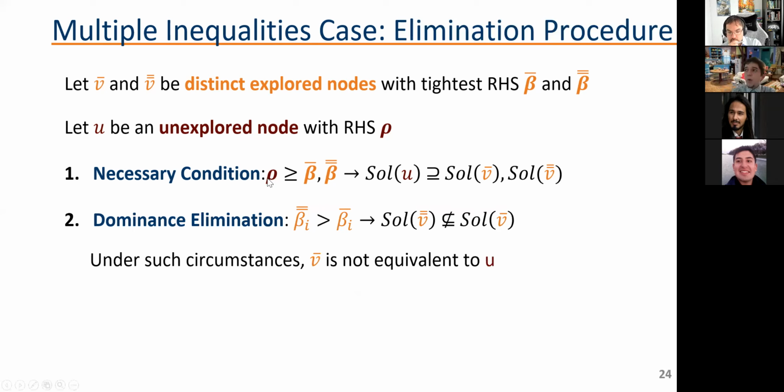So if that's the case, and we know that U has at least as many solutions as V double bar, let me just illustrate this to make it easier. We're looking at the set of solutions of U, S_U, and with the necessary condition, we're concluding that the solution set of U is a superset of V bar and V double bar. But from the moment that we see that V double bar has some solution that V bar doesn't have, it means that the set of solutions of node U can no longer be equivalent to V bar because there's at least something else there.